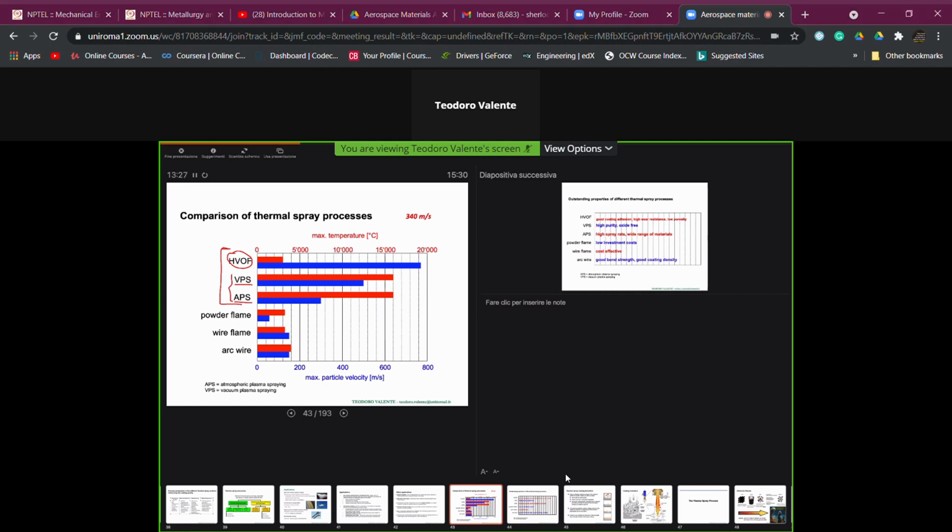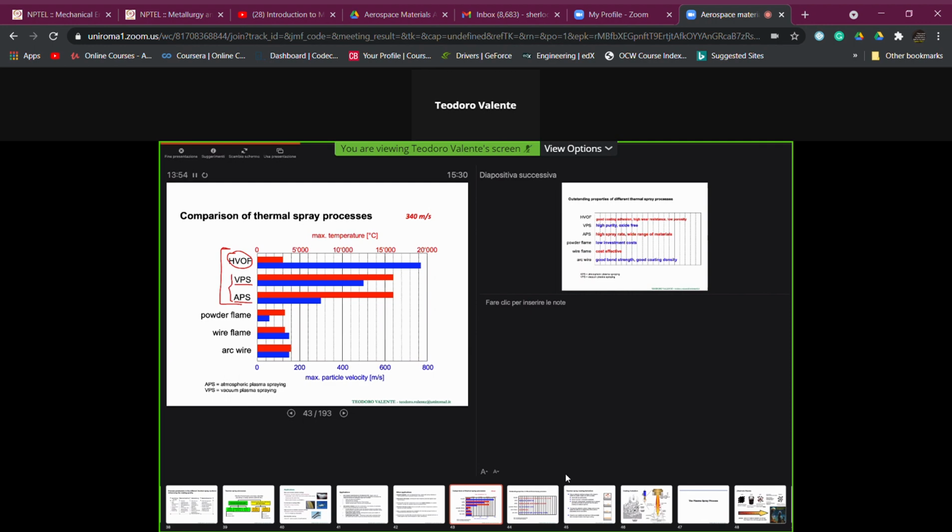In that case, if we have our pumping unit, for example, we can make void to a level which is not very, very high, but is sufficient, for example, to remove oxygen, which can interact with reactive materials during the spray process. And in this case, we do have the process which is called vacuum plasma spraying.